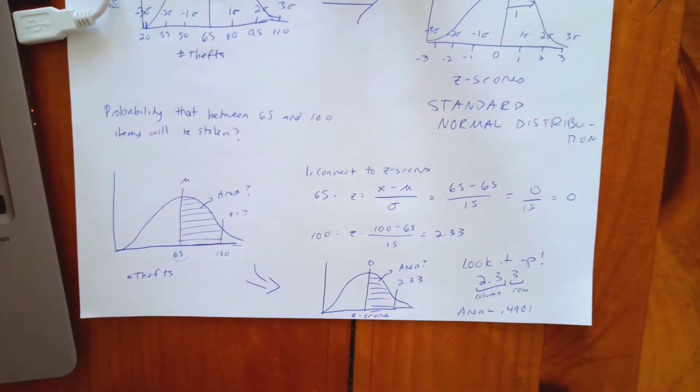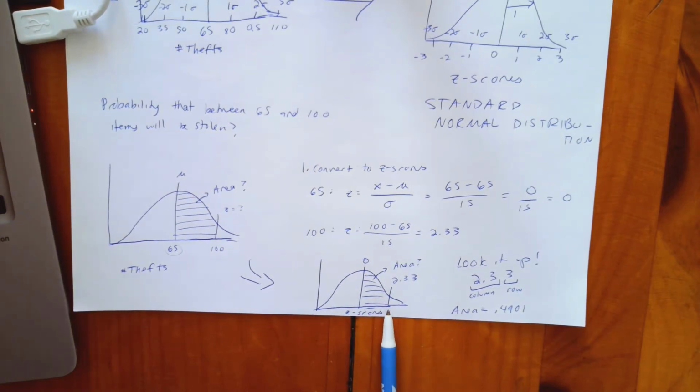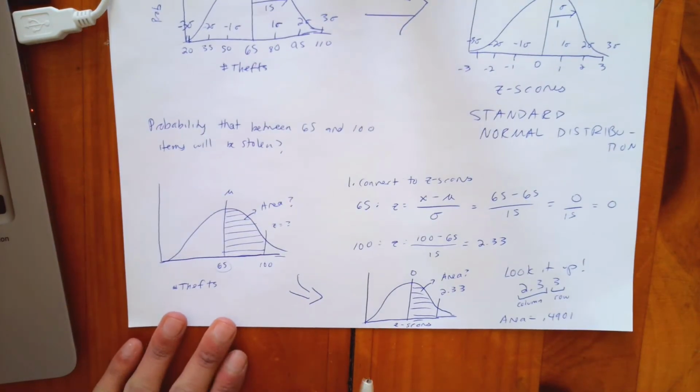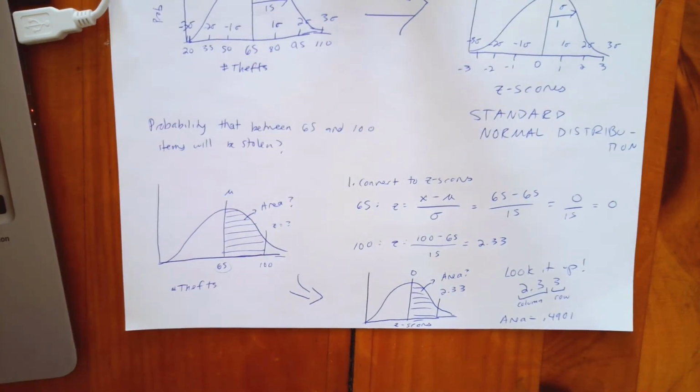So on a standard normal distribution, there's an area of 0.4901 in between the mean and a z-score of 2.33. Good news! That's all you need to do. So once you've found this area, you know that the area under the curve between 0 and 2.33 is equal to 0.4901.